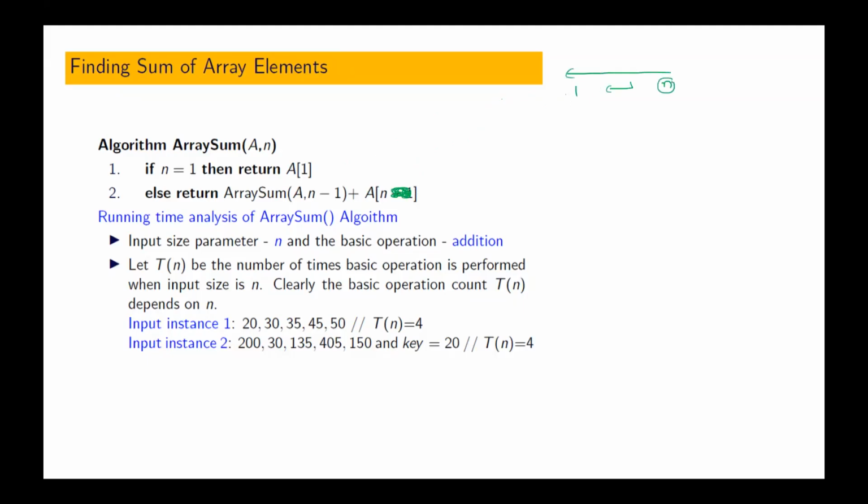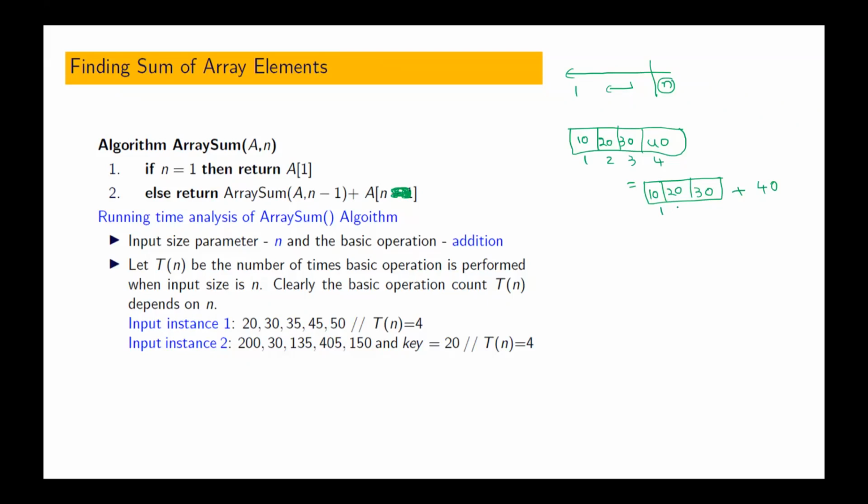We add the last element, and after that, we find the sum of the remaining n minus 1 elements. Is the sum of the elements of this array 10, 20, 30, 40 the same as the sum of the elements of the array 10, 20, 30 plus 40? Is that correct or not?